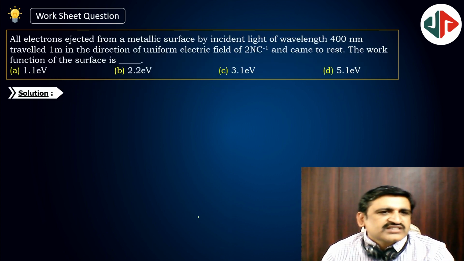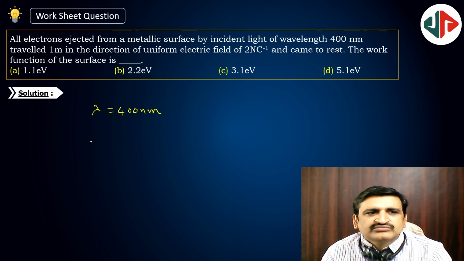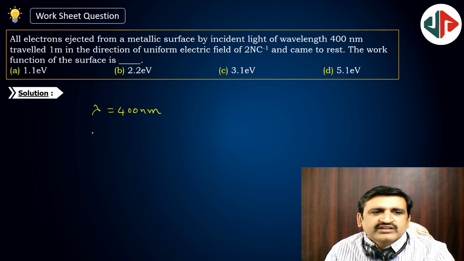All electrons ejected from a metallic surface by incident light of wavelength lambda equal to 400 nanometers travel 1 meter in the direction of a uniform electric field, E equal to 2 Newton per Coulomb, and come to rest.